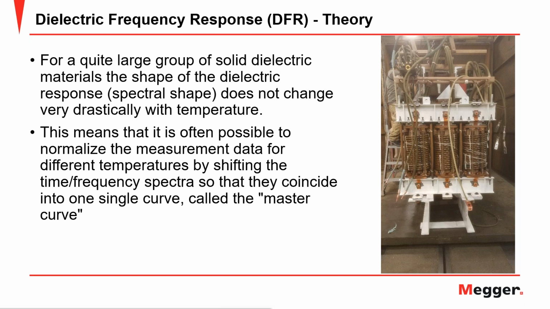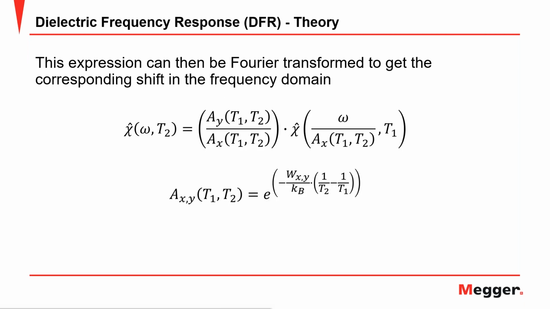Interesting enough that the effect of temperature on this insulation is not changing drastically the shape of the curve. And this allows us to apply the individual temperature correction factor, because when we look into the changes that could be on the horizontal axis by frequency or by magnitude on the y-axis, we can easily convey that information into the Arrhenius equation.